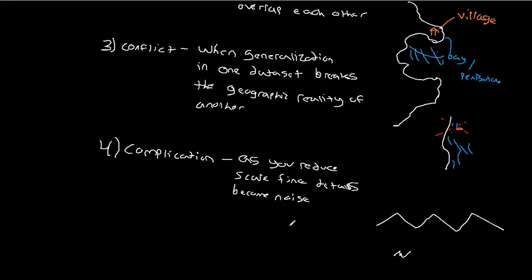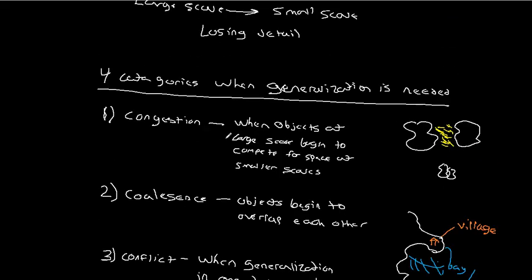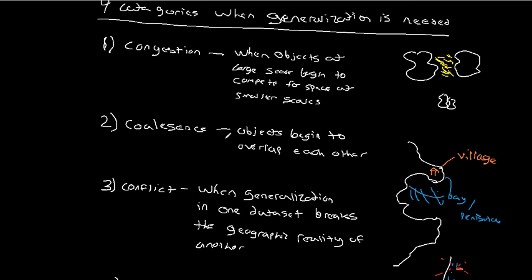So again, just to reiterate here, generally speaking, you're going to be looking for 4 things when you start to change your map scale. Congestion and coalescence, which is the idea that as you change scale, things are going to start to move closer together and overlap, because even though in reality lines don't have width, pens and computer monitors give them a width.